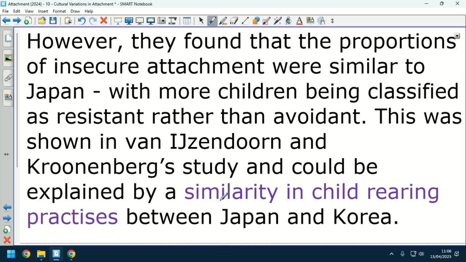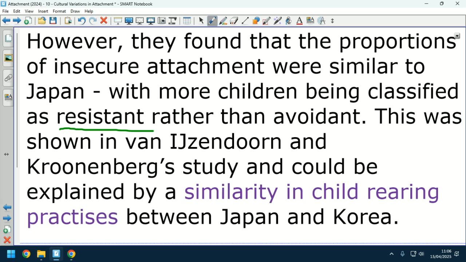So, for example, looking at studies where there are more resistant children than avoidant children, maybe the child-rearing practices between Japan and Korea are what is reflected in having resistant children rather than insecure avoidant children.